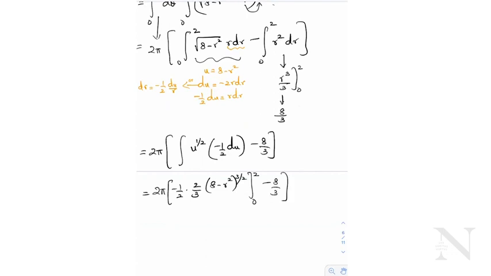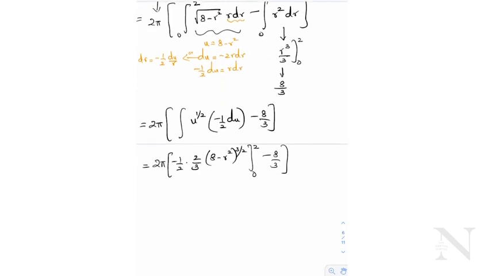I'm in no hurry here, I'm just taking my time to do this. And that's 2 pi. Now it looks like I'm going to get a negative answer, right? You've got a negative in the first term, negative in the second term, finding the volume of an ice cream cone. Well, the math takes care of it.